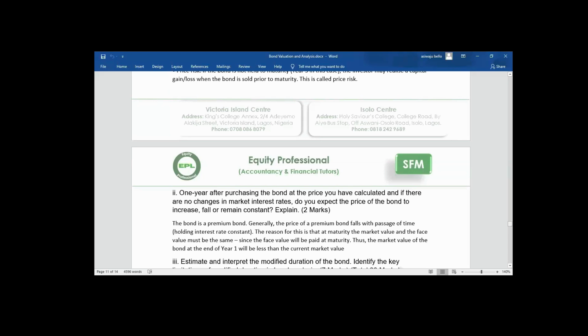To answer this question, you are going to look at 2 things. The price of the bond is above face value, the issue price of this bond as computed. I want to show the whiteboard.